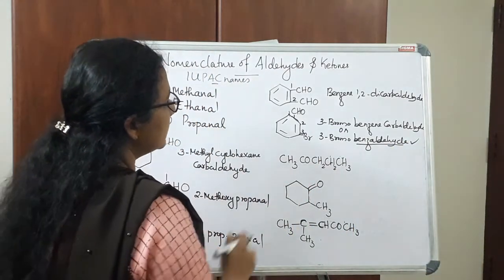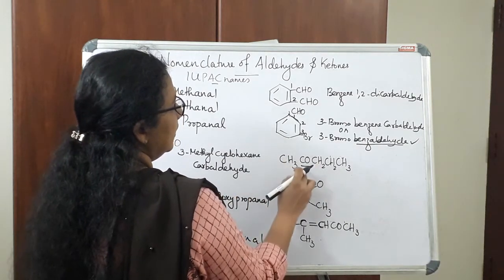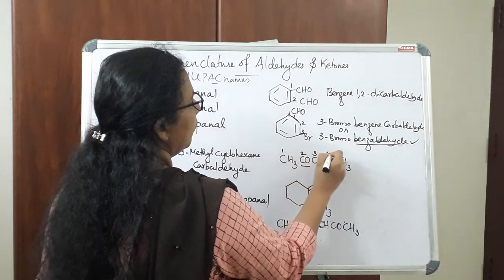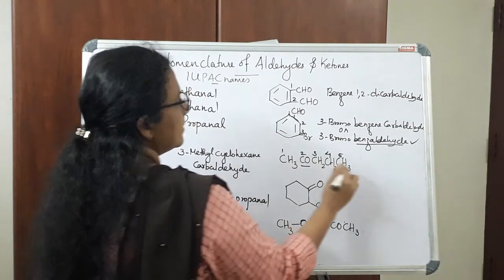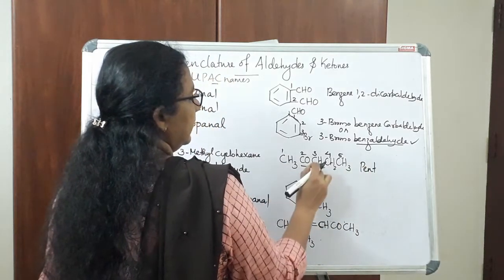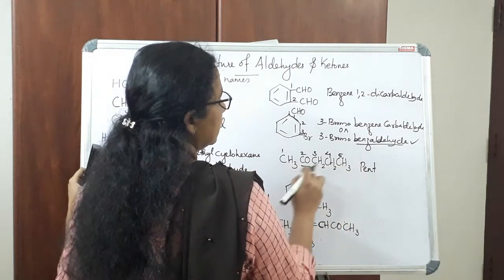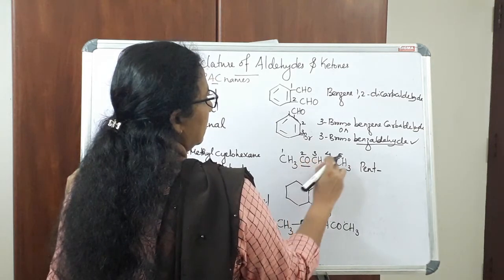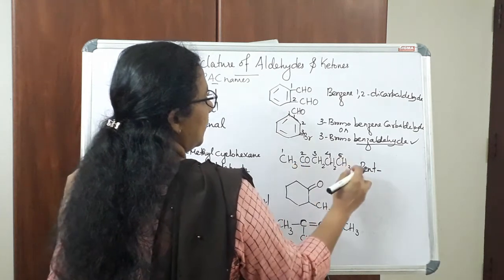Then the next one is a ketone. There is a CO group. So we need to number this compound in order to get the least number to this C. So 1, 2, 3, 4 and 5. There are 5 carbon atoms, so it starts with pent. There are no substituents. At the second position the ketonic group is there.